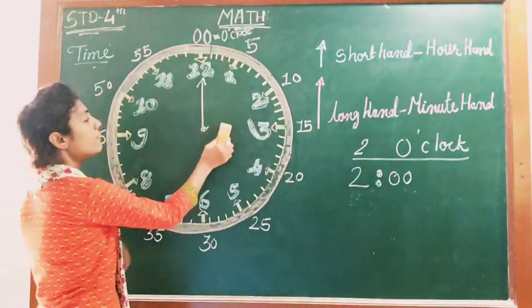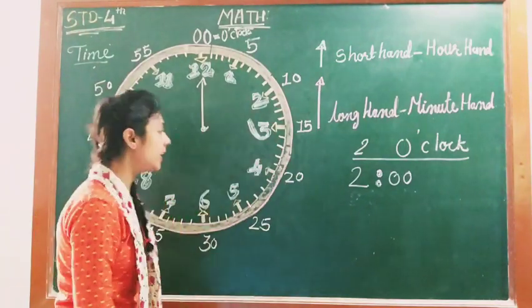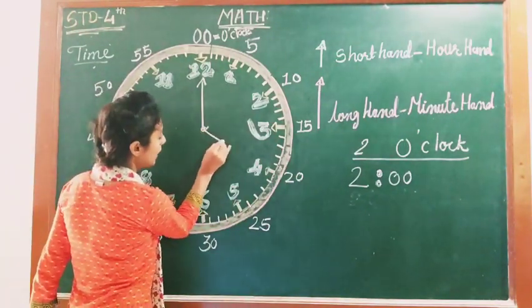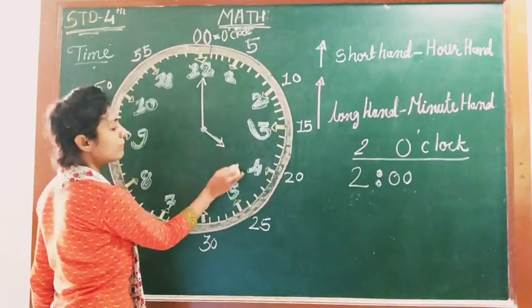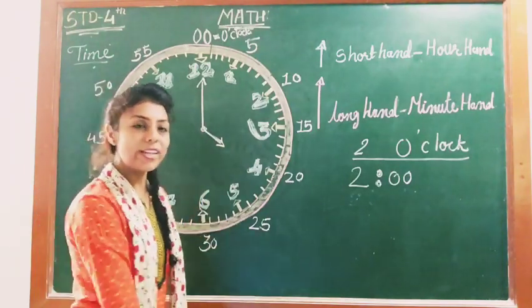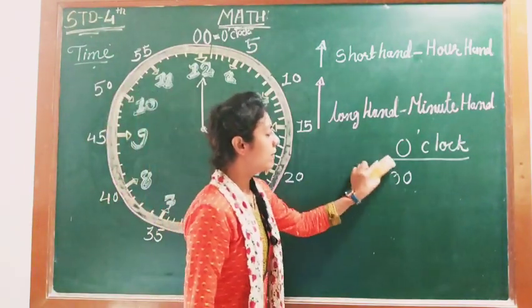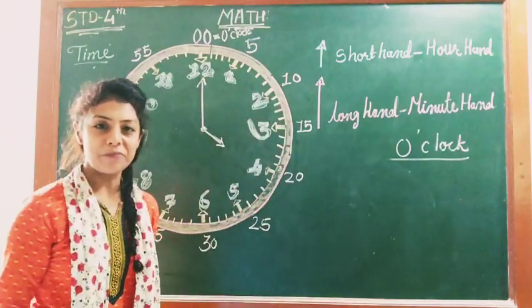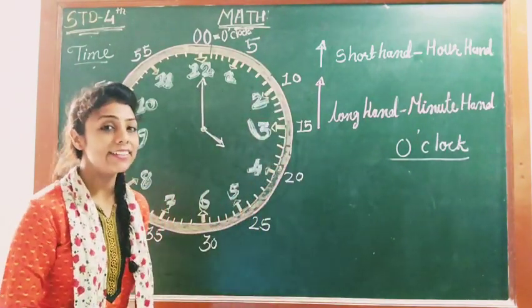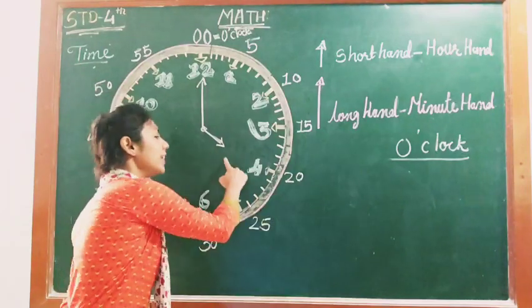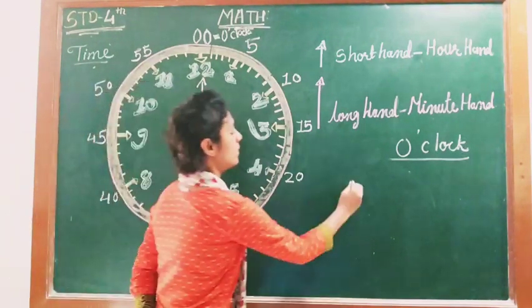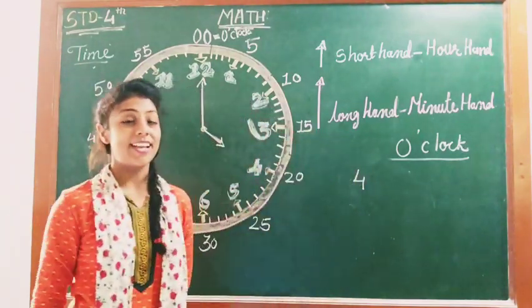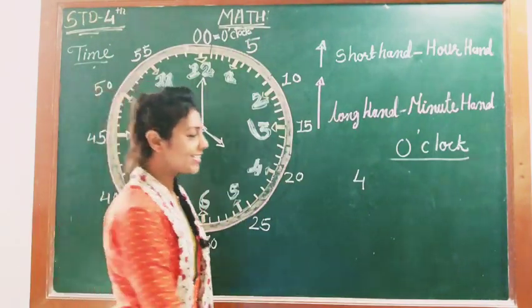Again, if our minute hand is at 12 only and our hour hand, the short hand, is at 4. So now what time is it? Once again, first step, we will see the hour hand. It points to the 4. So we'll write here 4. Then second step, 2 dots.